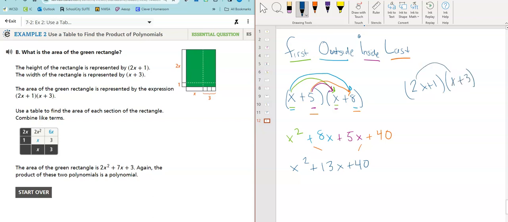First, 2x times x is 2x squared. Outside, 2x times 3 is 6x. Inside, x times 1 is x. And last, that's 3. And then you get the exact same answer, 2x squared plus 7x plus 3.